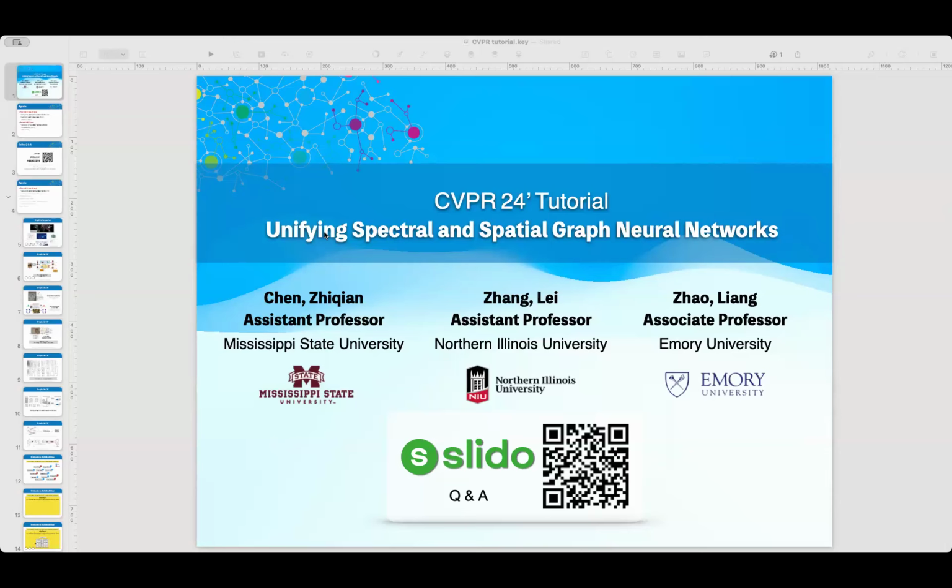A is the adjacency matrix, f is the origin signal. The physical meaning of the second term, A times f, is the average of neighbors. Note that A here is normalized. If A is not normalized, it's the sum of the neighbors. So let me just talk about the normalized version.